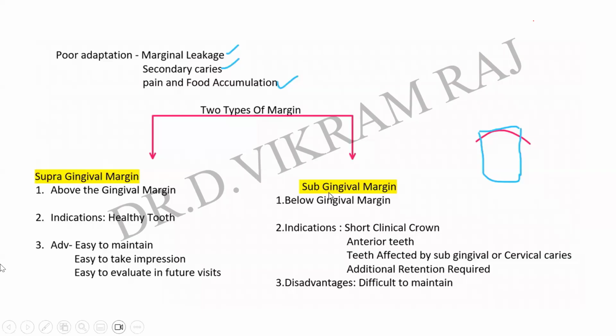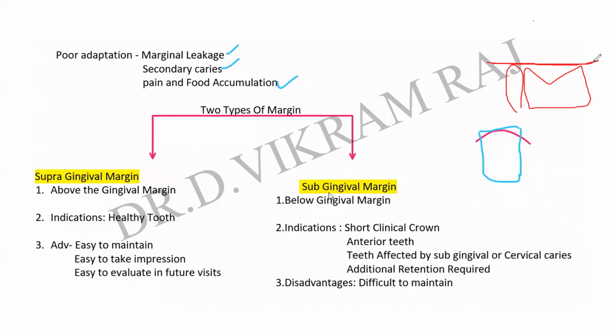I will just draw it. Suppose this is a tooth, then the gums have swollen up to this level. So that's why we have to go with supragingival or equigingival only.